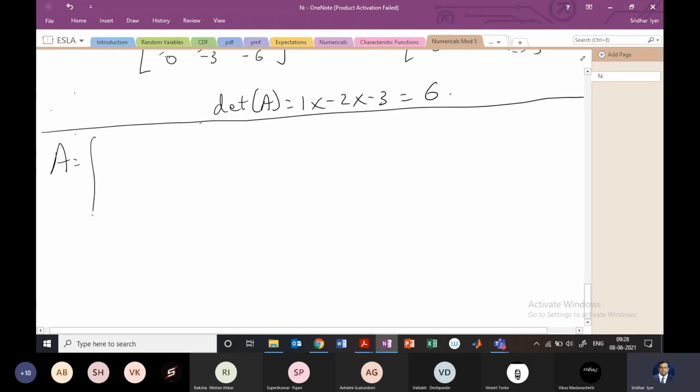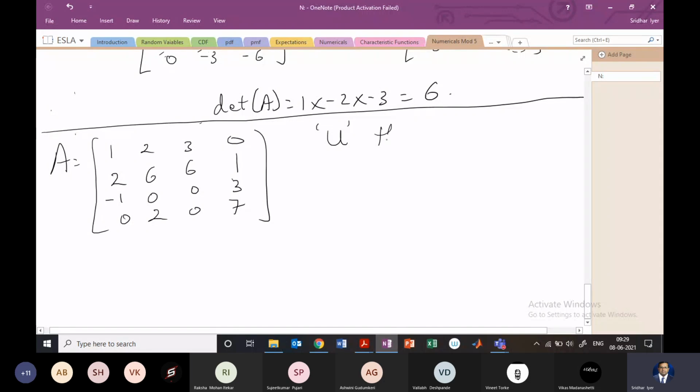So the matrix which is given is 1, 2, 3, 0, 2, 6, 6, 1, negative 1, 0, 0, 3, and 0, 2, 0, 7. Okay. So for this matrix, you need to convert it into upper triangular matrix, then find the determinant.